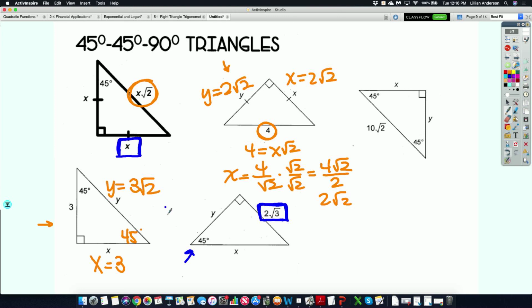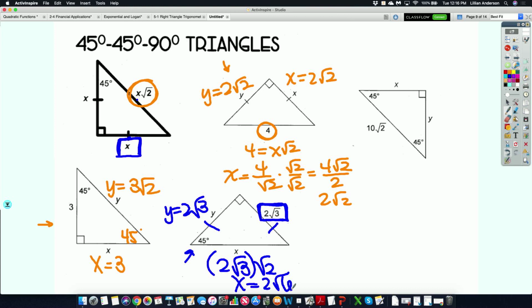What is y? Because in a 45, 45, 90, both of the legs are equal, okay? But how do I find the hypotenuse? You multiply by the square root of 2, because basically I'm plugging that x into that expression. What does this equal? 2 times the square root.